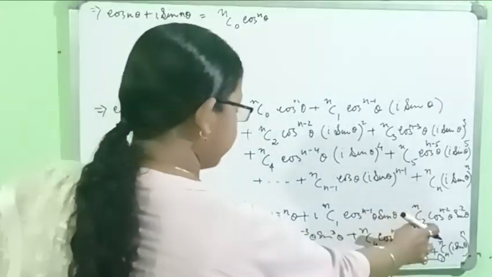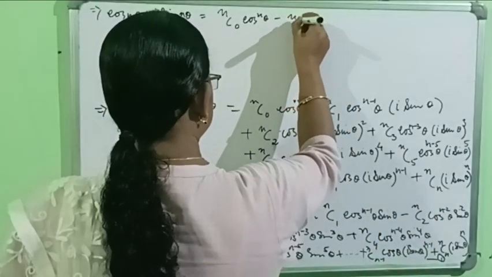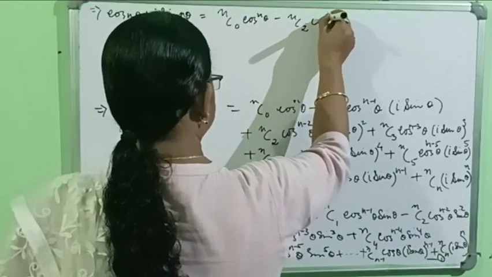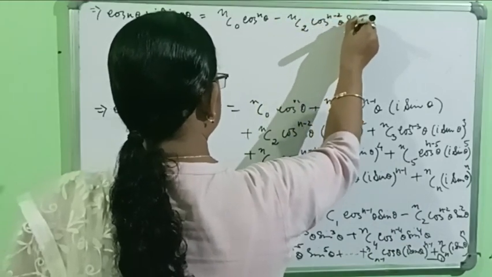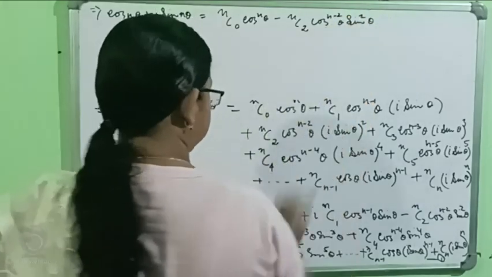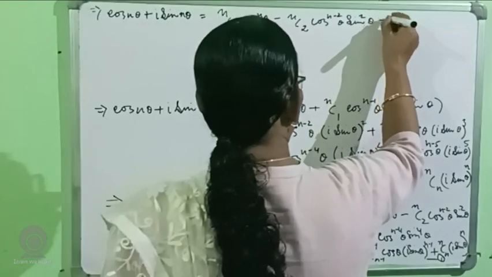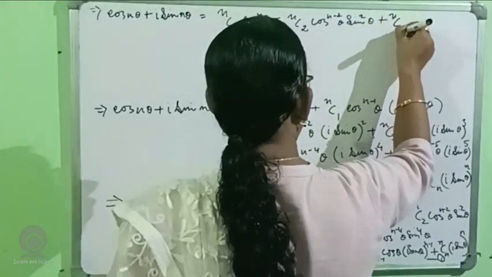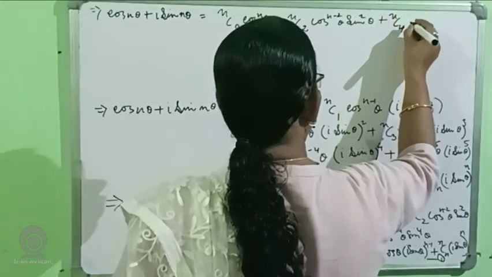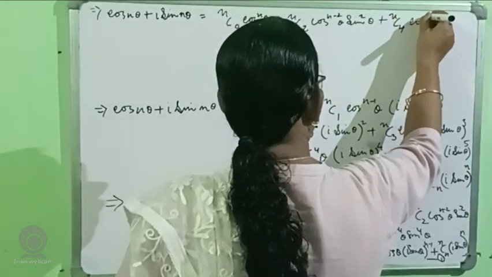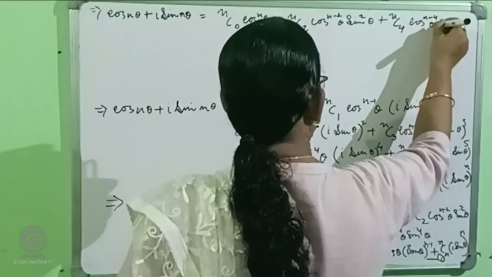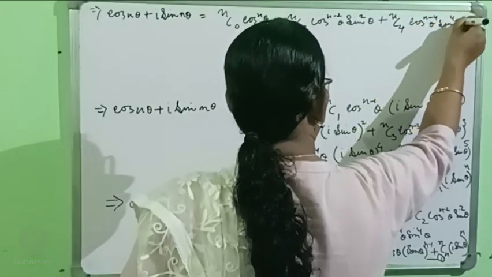The next real part is minus nC2 cos^(n minus 2) theta sin squared theta. Then the next real will be nC4 cos^(n minus 4) theta sin^4 theta.